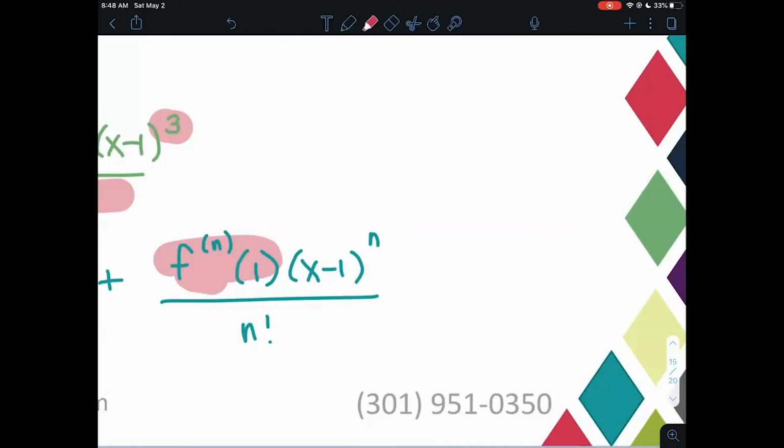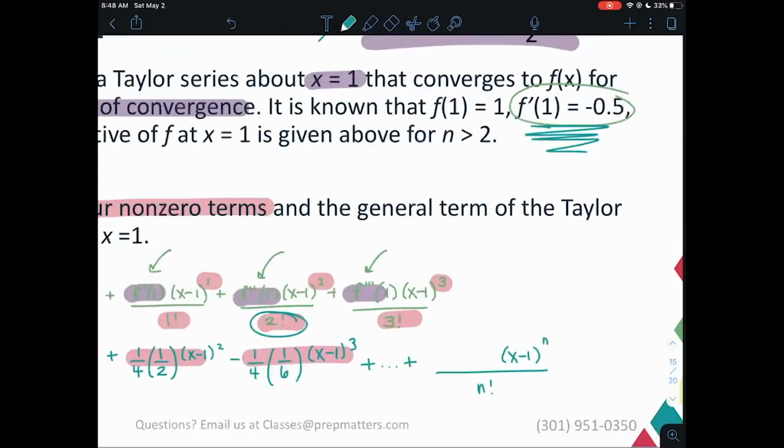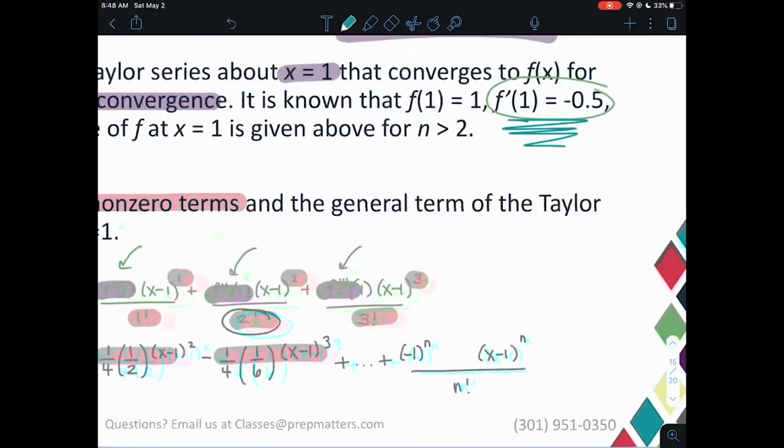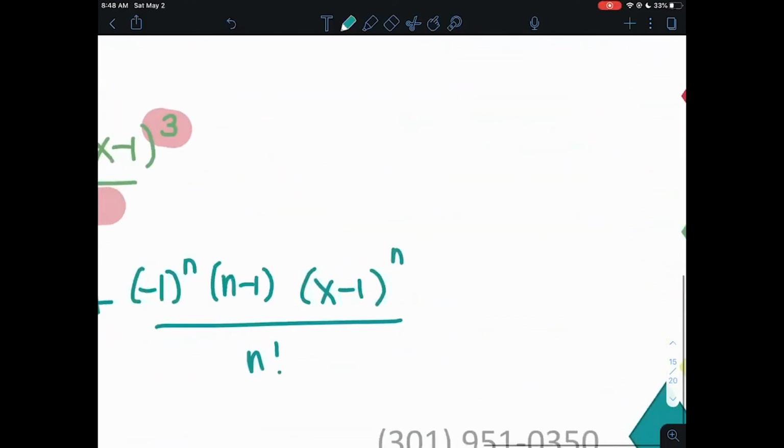There's our general term, but since we know what this derivative is, we're going to put that into our expression here. So that again is -1 to the n power, n minus 1 factorial, over 2 to the n. And when you look at this, you could leave this.